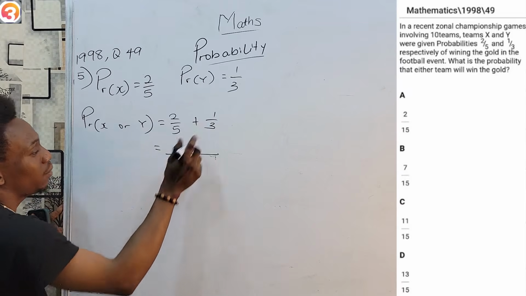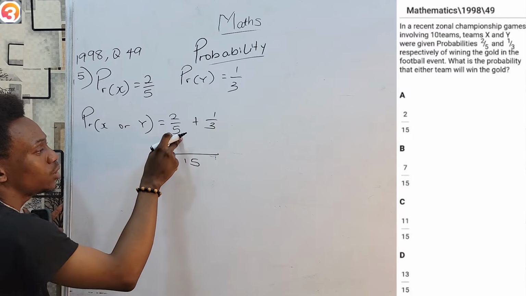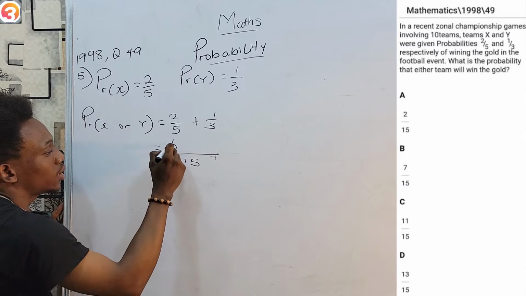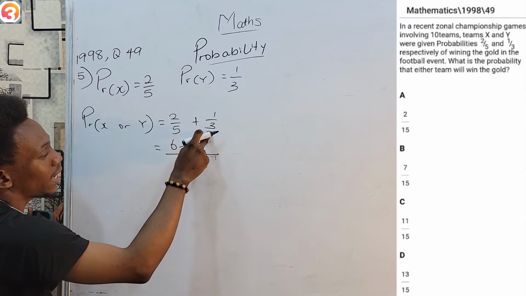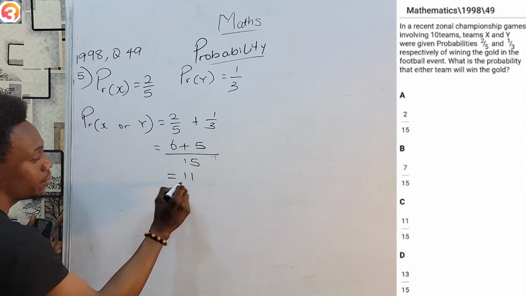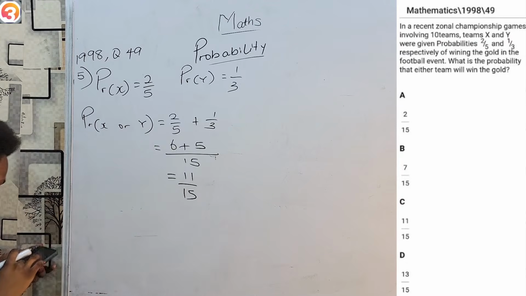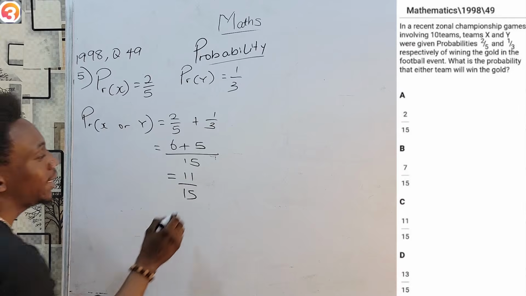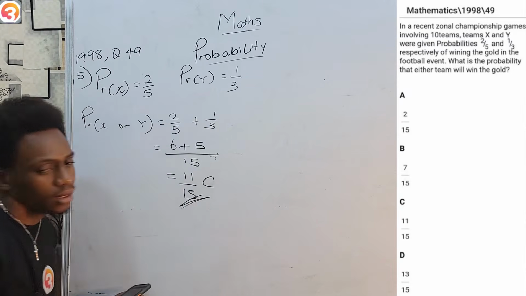Well, LCM, 5 times 3 is 15. 15 to 5 is 3. 3 times 2 is 6. 15 to 3 is 5. 5 times 1, 5. 6 plus 5 is 11/15. Which when I check my options is option C.